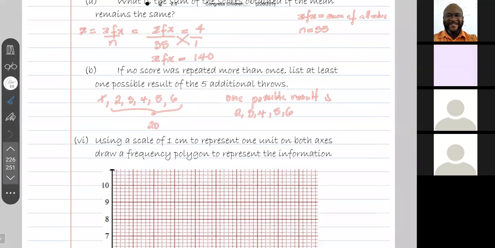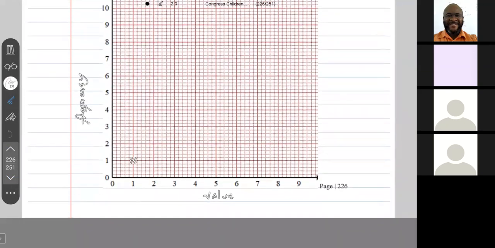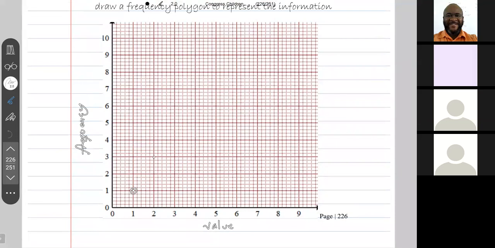So there were 3 2s, that's here. There were 6 3s, that's here. How many 4s? 9 4s? How many 5s? 7. And how many 6s?